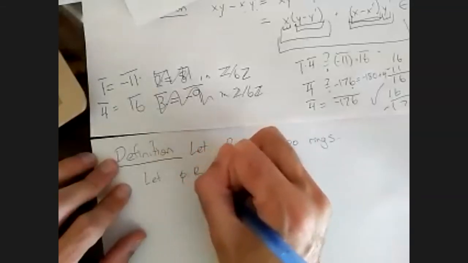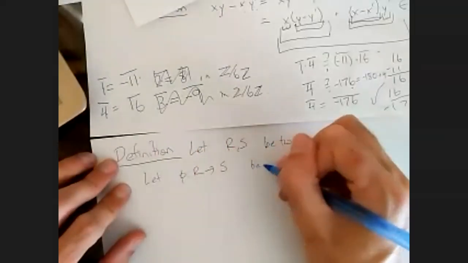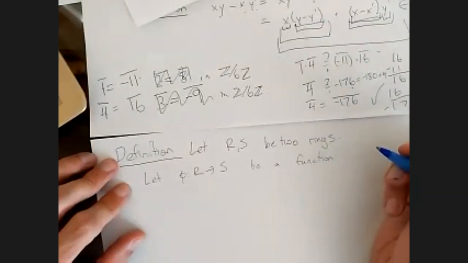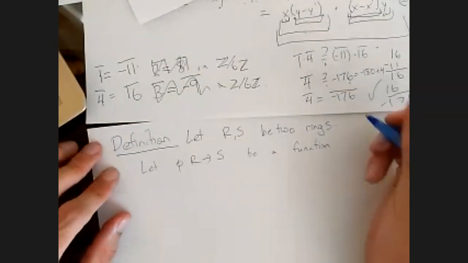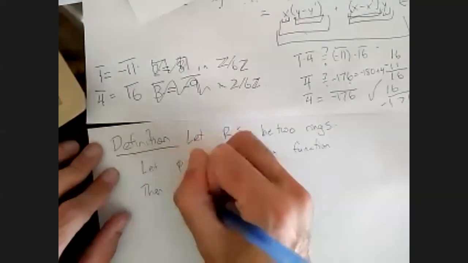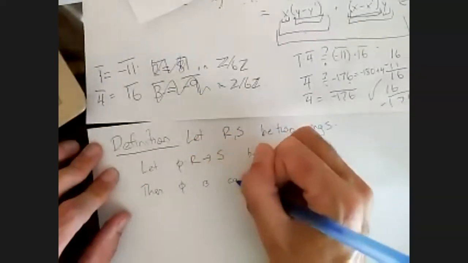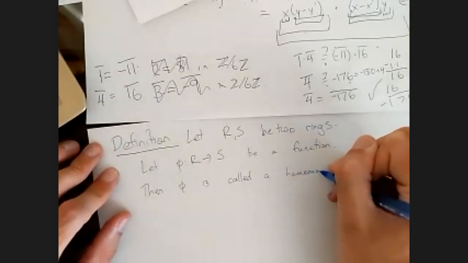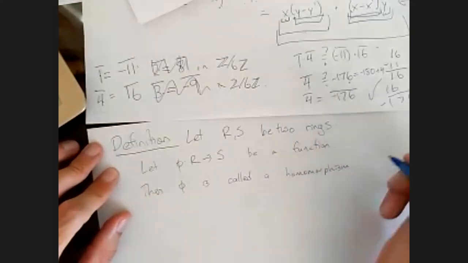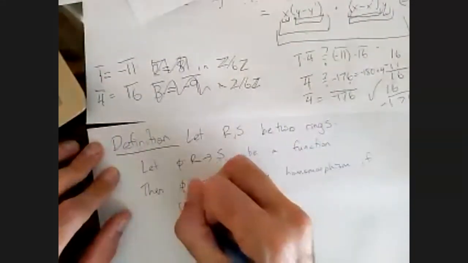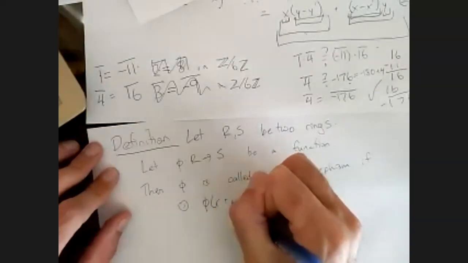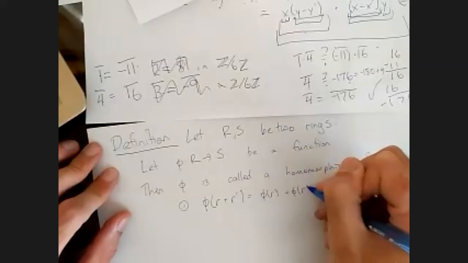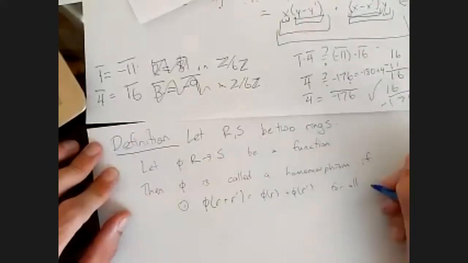Let phi from R to S be some function. And phi is called a homomorphism if, one, phi of r plus r prime is phi of r plus phi of r prime for all r and r prime.